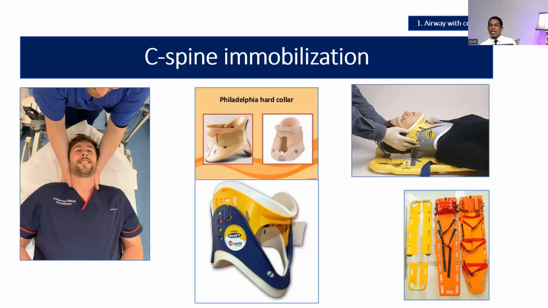But a patient like that, who is coming with trauma, might have a pre-existing problem with the cervical spine. Then the patient should usually be put on the trauma board, with the two head blocks on either side, some cloth or material padded underneath the head, and then a strap. That is ideal for cervical spine immobilization.